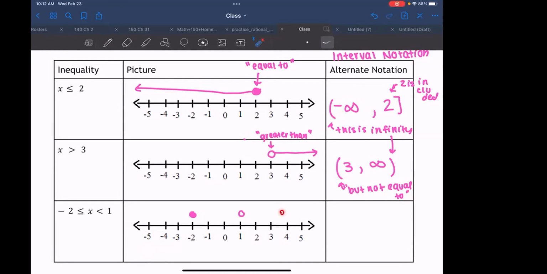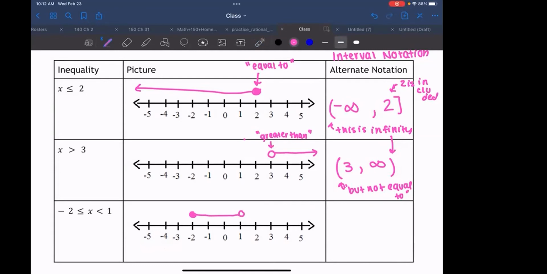Out here, if x was like 4 or 5, well, x wouldn't be less than 1. So the only values that x can take on are in between, right? So x is in between -2 and 1 here. Okay. Any questions on how I drew the third one here?